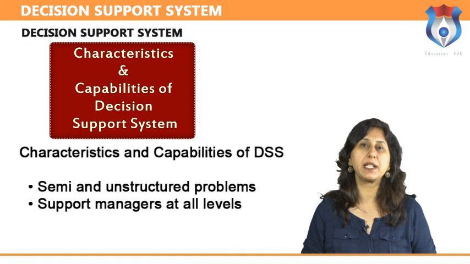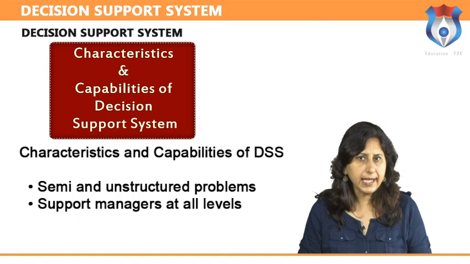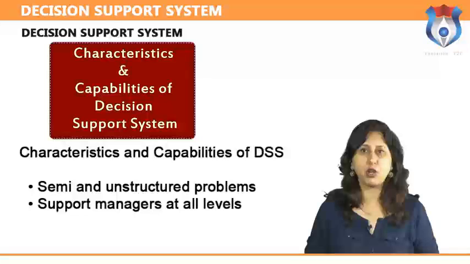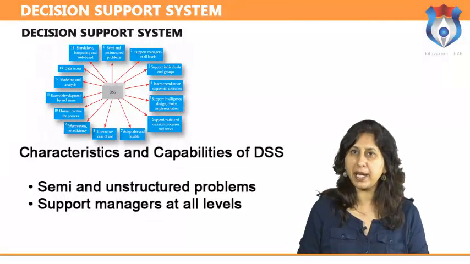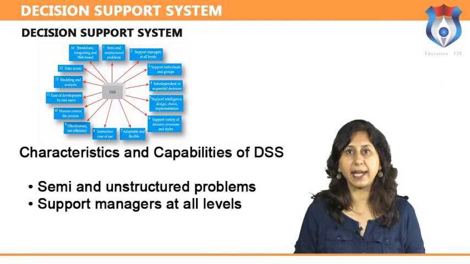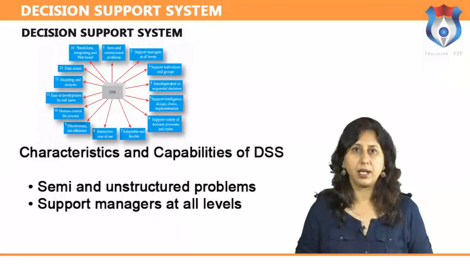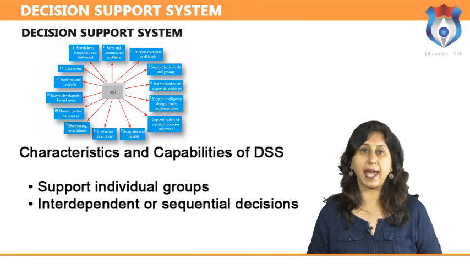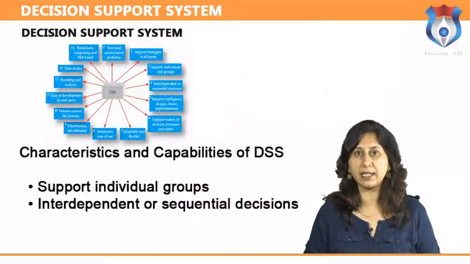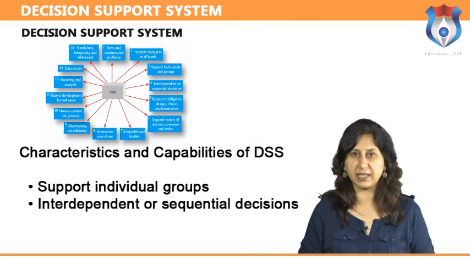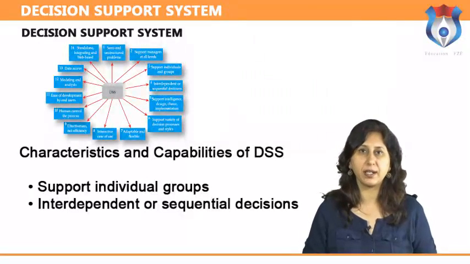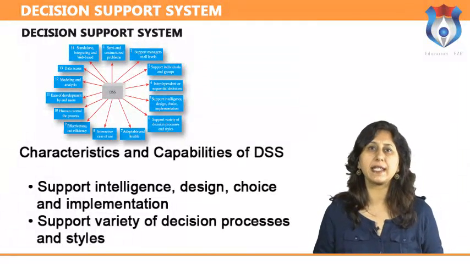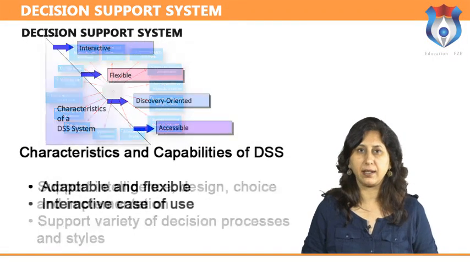Characteristics and capabilities of DSS. The key characteristics and capabilities of DSS are support for decision makers by bringing together human judgment and computerized information, support for all managerial levels, support for individuals as well as groups of decision makers working somewhat independently, support for independent or sequential decisions, support in all phases of the decision-making process.